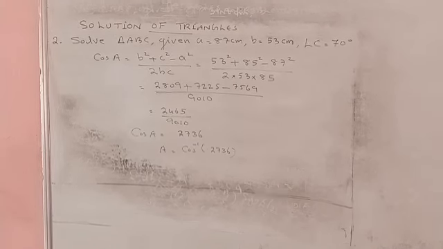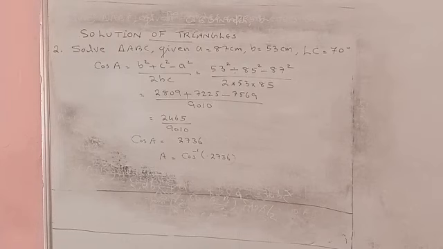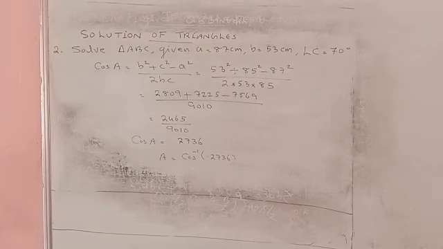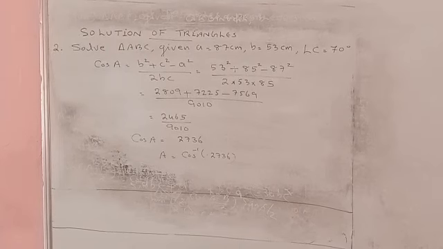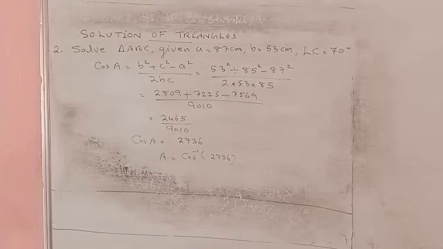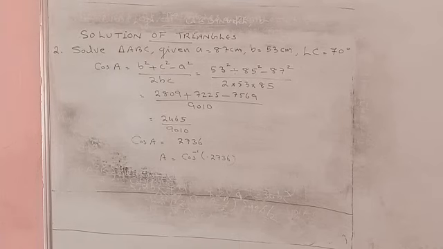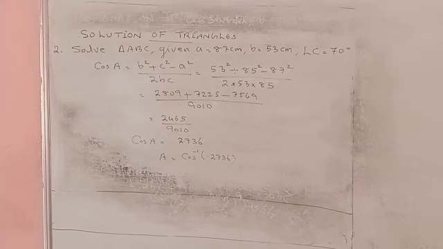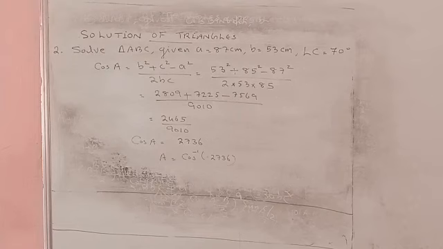Here cos A is equal to, the formula for cos A is b squared plus c squared minus a squared by 2bc. Here b is 53, therefore 53 squared plus c is 85, therefore 85 squared minus a is 87, 87 squared, divided by 2 into b, 53, into c, 85. 53 squared is 2809 plus 85 squared is 7225 minus 87 squared is 7569, divided by 2 into 53 into 85, which is 9010.